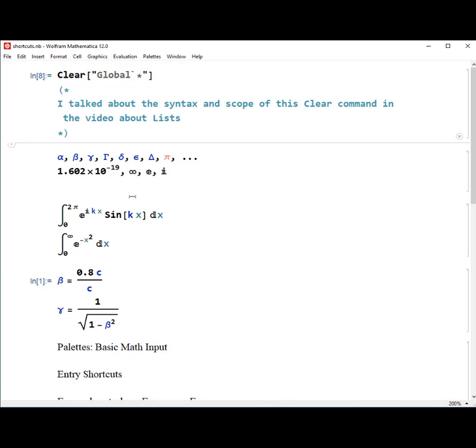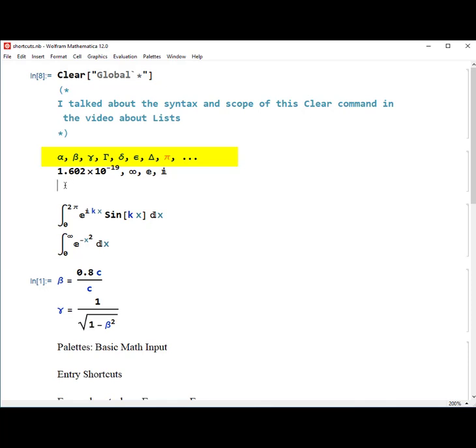So for instance, I can use Greek letters, alpha, beta, gamma, so on and so forth, capital and lowercase. The one thing you need to be aware of is that the Greek letter pi is different than all the other Greek letters. That is interpreted as the exact numerical value of pi. All of the other Greek letters can be used as variables.